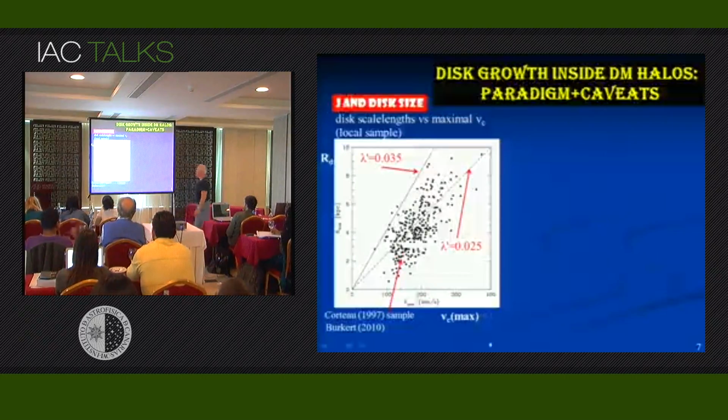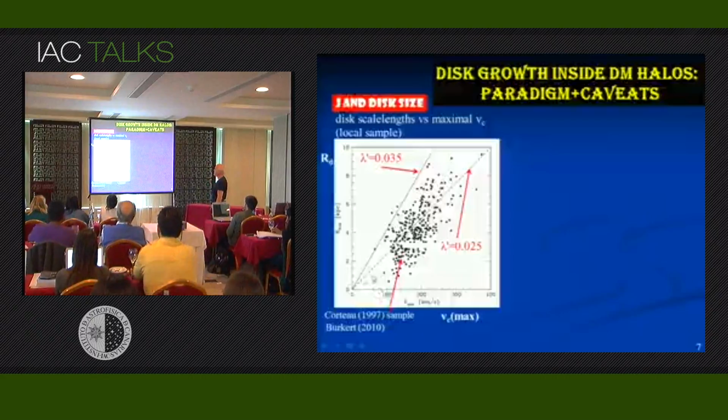Now let's see what observations tell us. This is a distribution of disk sizes versus the maximum of the rotational velocity, which measures the mass distribution, from the Courteau 1997 sample of local galaxies.